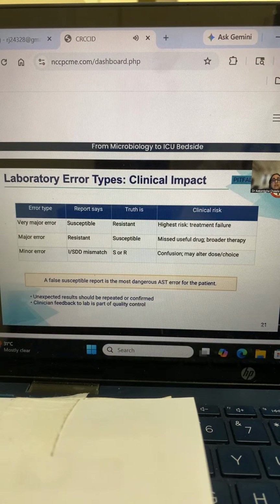So, what would it do? It would actually result in a treatment failure. So, it is very important that quality control is regularly maintained by your labs. And if you do get an unexpected result, you should send a repeat sample. You should discuss with your lab. You should confirm the result again before just jumping on and treating the report.